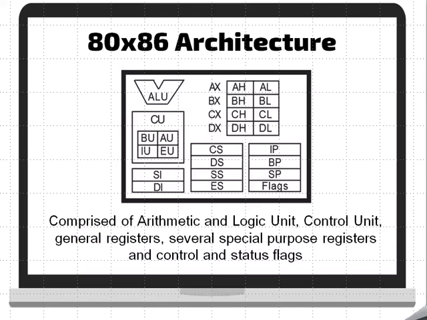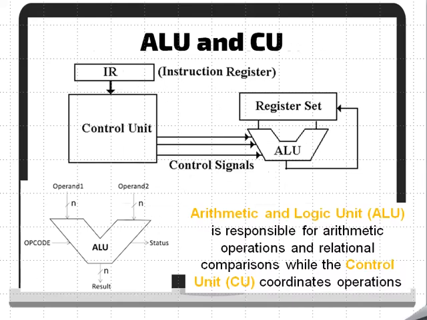So it is comprised of an arithmetic and logic unit, a control unit, general registers, several special purpose registers, and control and status flags. So the ALU, or the arithmetic and logic unit, is responsible for the arithmetic operations and relational comparisons, while the control unit coordinates the operations of the active parts of the CPU. So the control unit also has different parts, such as the bus unit, the instruction unit, the execution unit, and the address unit.